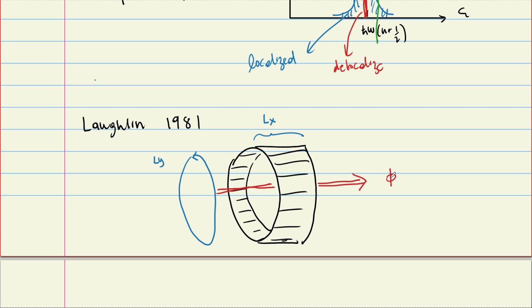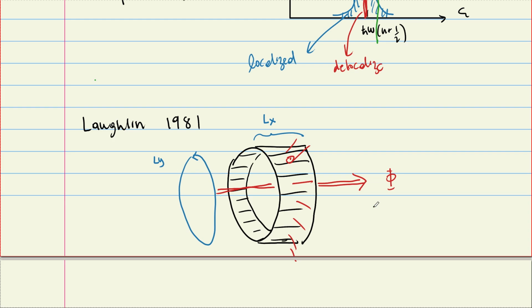So there are two kinds of fluxes. One is the magnetic field, perpendicular to the electron plane, which is going to be emanating from this. On top of this, Laughlin considered another flux going through the cylinder. This is going to change the boundary conditions.